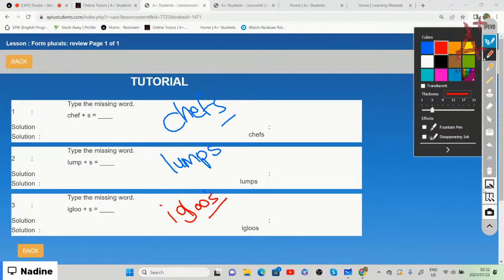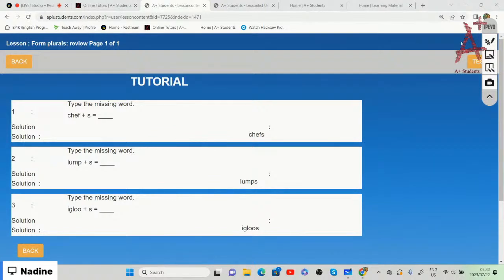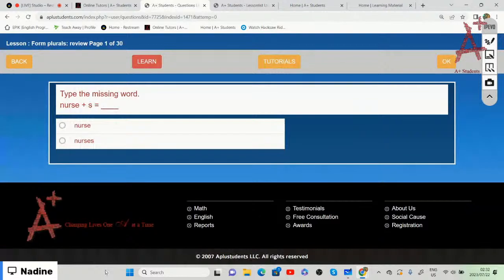All right. We're going on to the next page. Let's go to our test. We need to type the missing word.